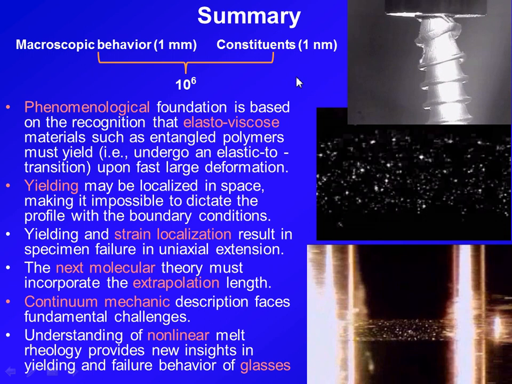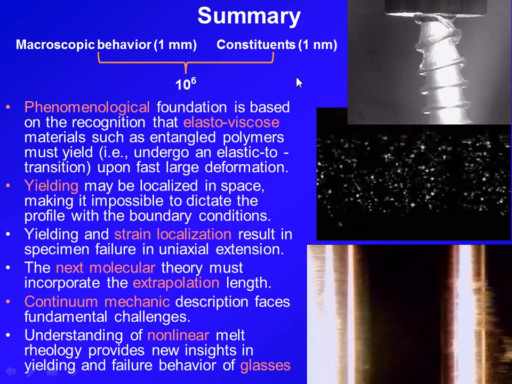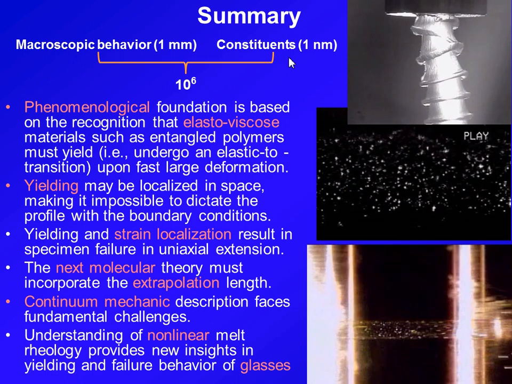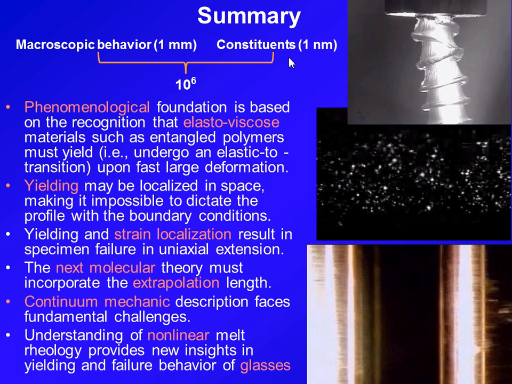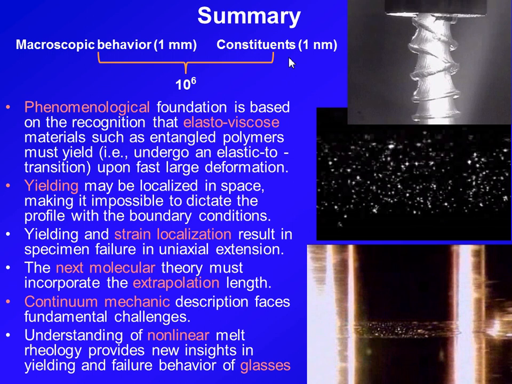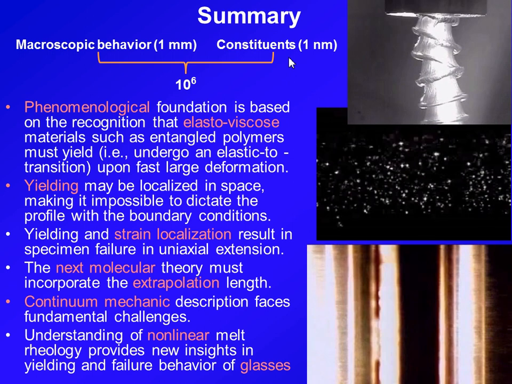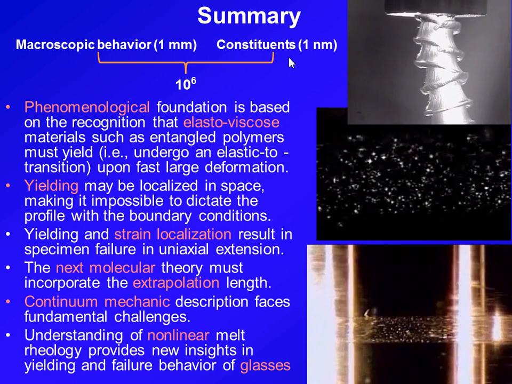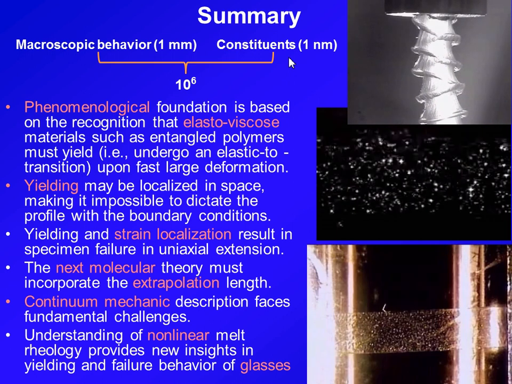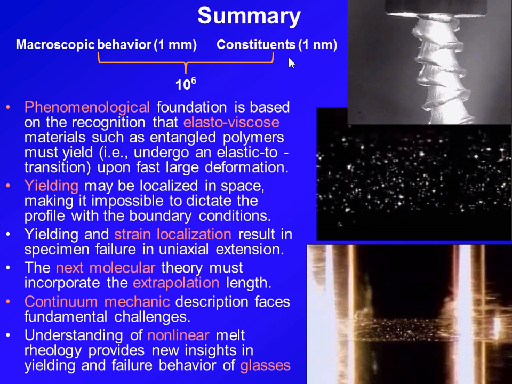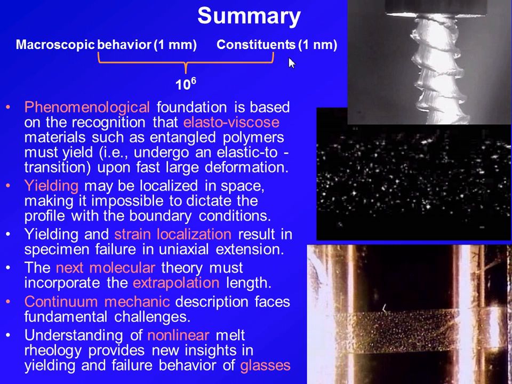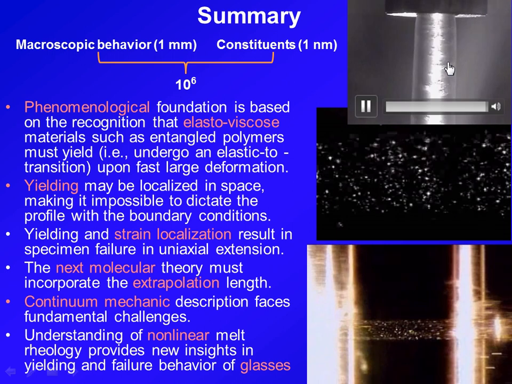In any case, the problem I'm dealing with is quite difficult in the sense you are really dealing with a 6-order of magnitude gap in the length scales. We are concerned about processing all in millimeter scales, but what's responsible for what you see macroscopically is really, I hope I convinced you, the molecular chains, and that's where the next level of computer simulation has to come in. Their behavior is really responsible for what you see on these microscopic scales.